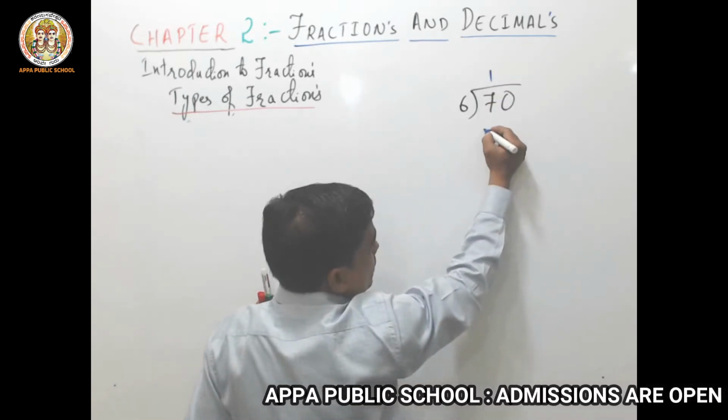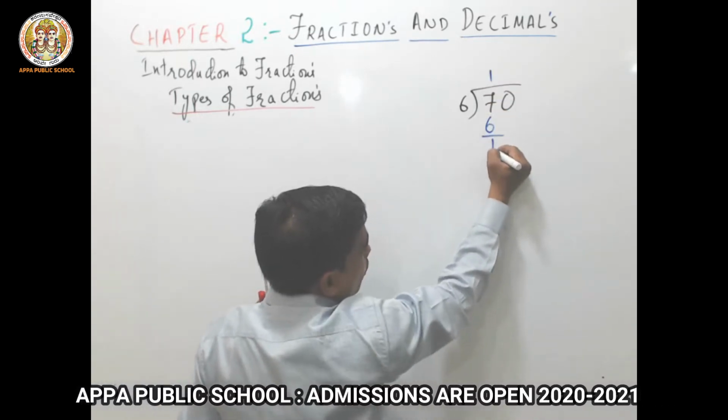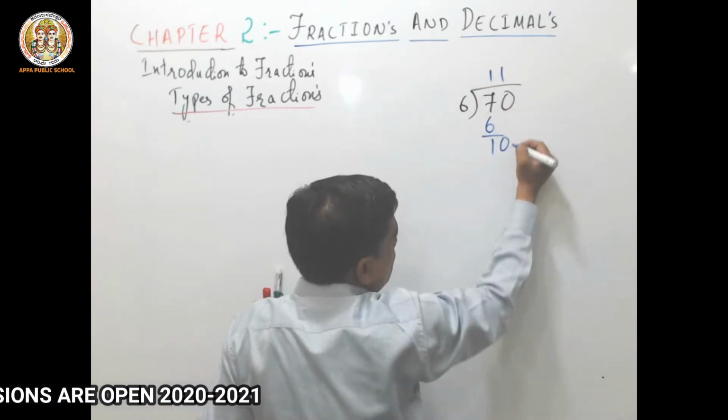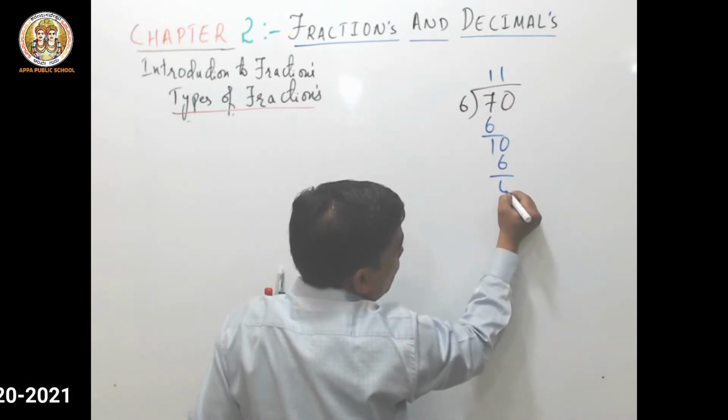So I write 6 ones are 6, 1, 0. Right? Next, 6 ones are 6. Remainder is 4.